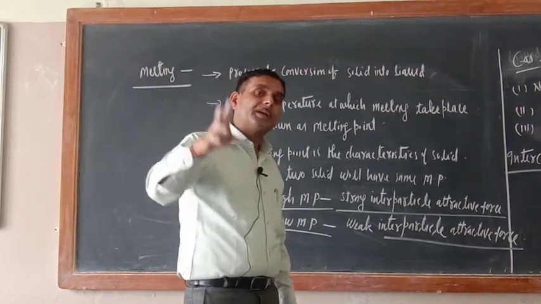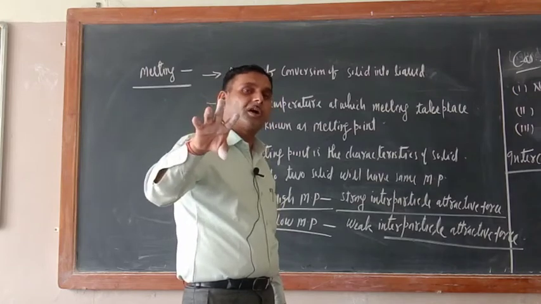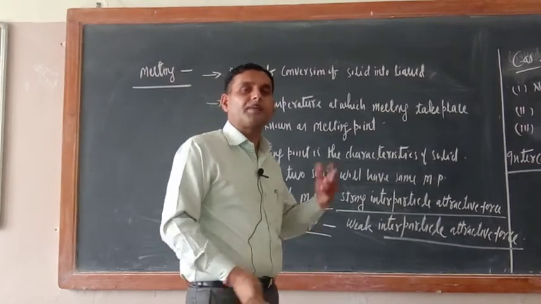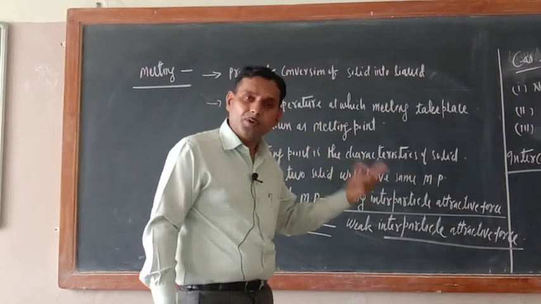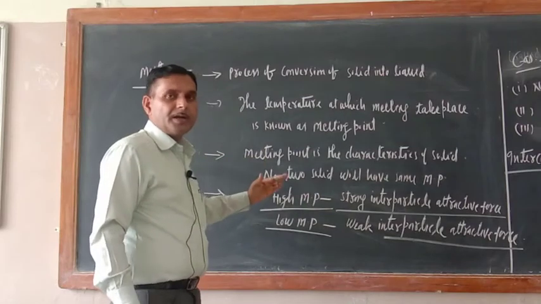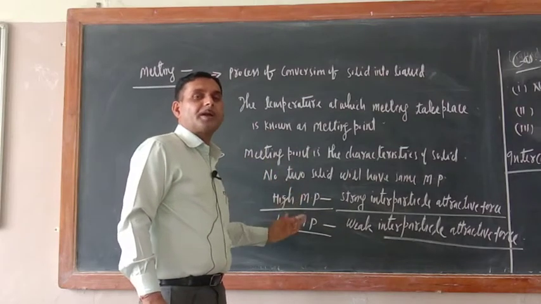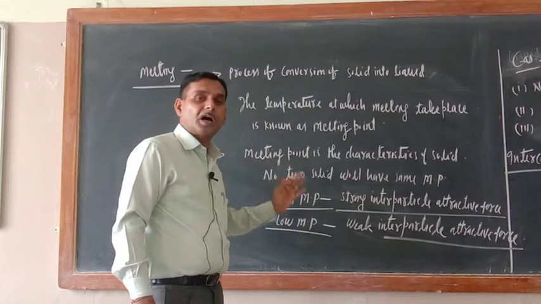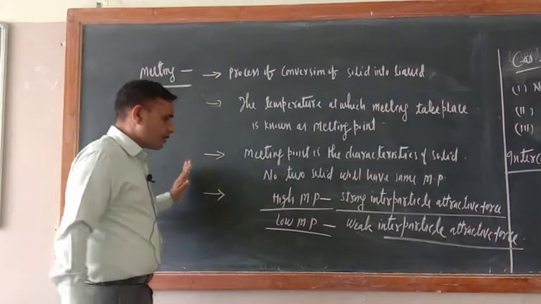So if interparticle attractive force is strong, it means you have to supply more amount of heat, then only their interparticle attractive force will be broken. So on the basis of melting point we can judge the interparticle attractive force magnitude also. So this is the important point.